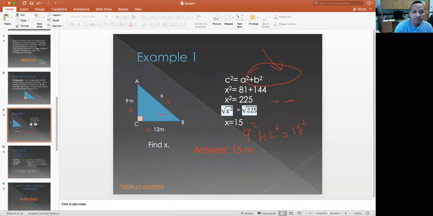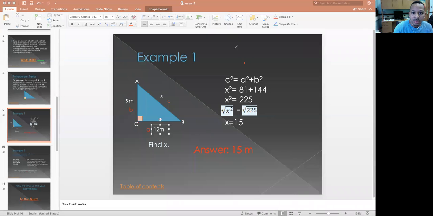So if this side is 9 and this side is 12, we would plug in to find c. We would do 81, which is 9 squared, plus 12 squared equals c squared. So 9 squared is 81, that's 9 times 9. 12 squared is 144. And then when we add them together, 81 plus 144 gives us 225.